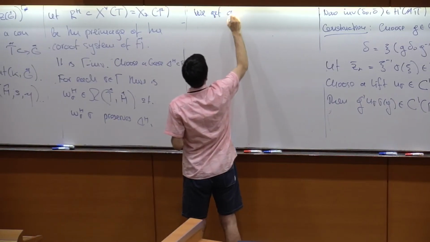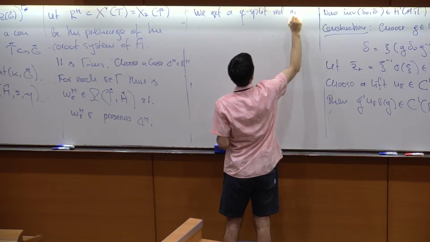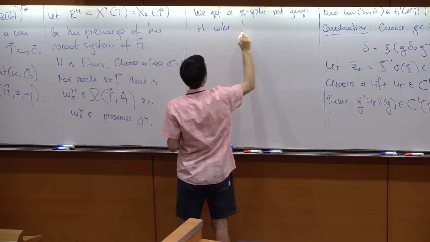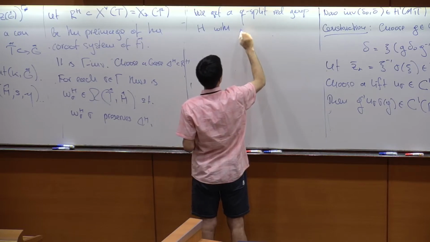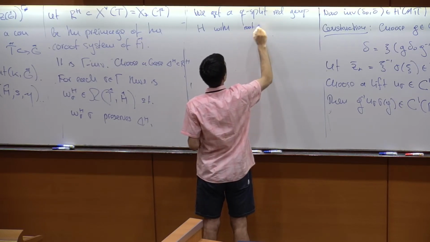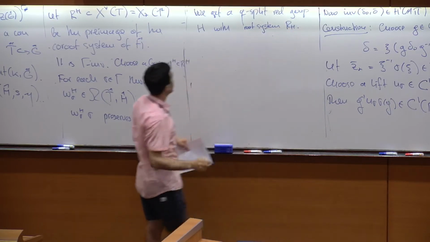So we get a quasi-split reductive group H with root system R_H.